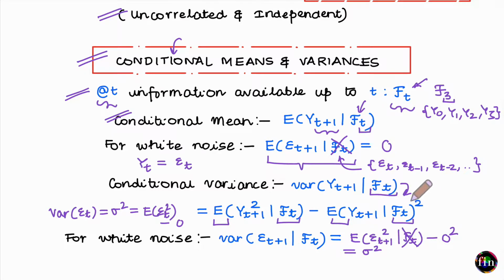So what does it tell me? It tells me that the conditional mean and the conditional variance of white noise are exactly the same as the unconditional mean and the unconditional variance. Therefore, when it comes to white noise, a time series like this is actually useless in terms of forecasting. Why? Because all the effort that you employ in building this information set of recorded values up to and including time index t is useless in forecasting epsilon over the next time step.